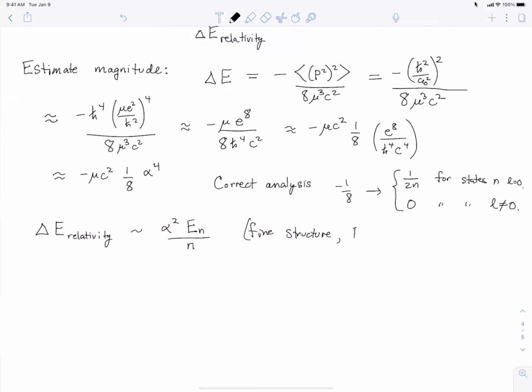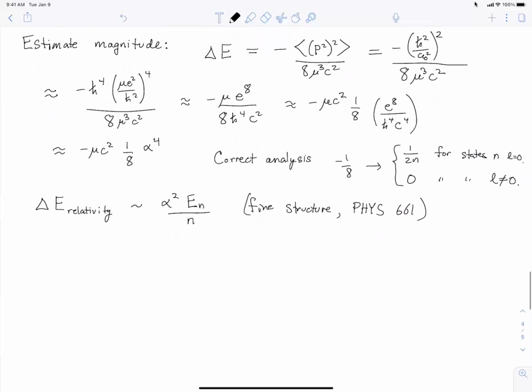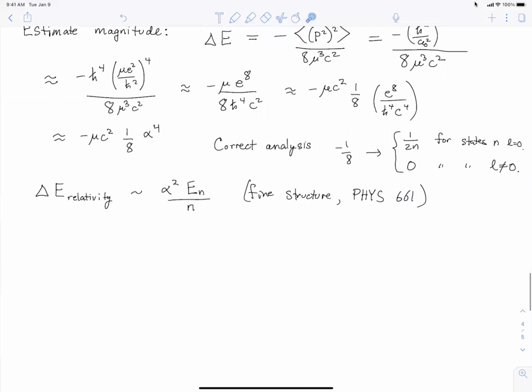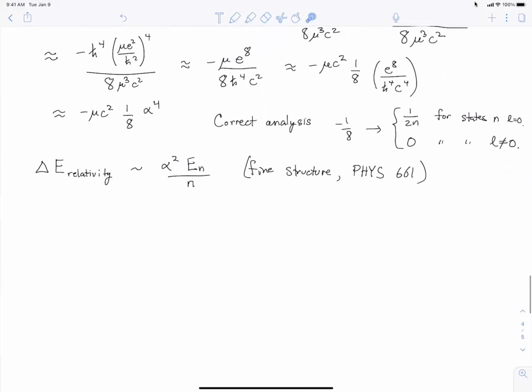And we'll learn how to do this correctly without just the dimensional analysis hand waving in Physics 661. But the moral of the story is when you add these relativity corrections, you get an extra factor of alpha squared. And that's a small number. And so that's why we can get away with not worrying about it too much.